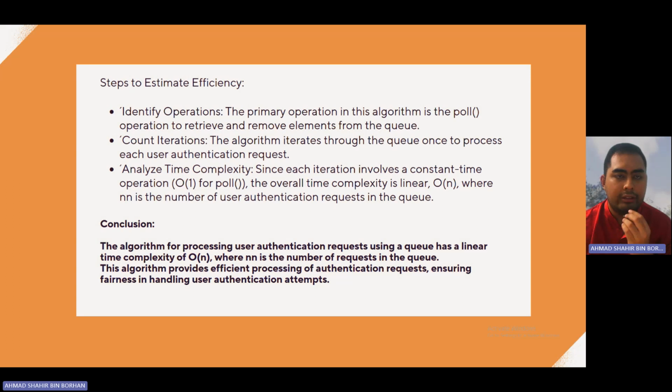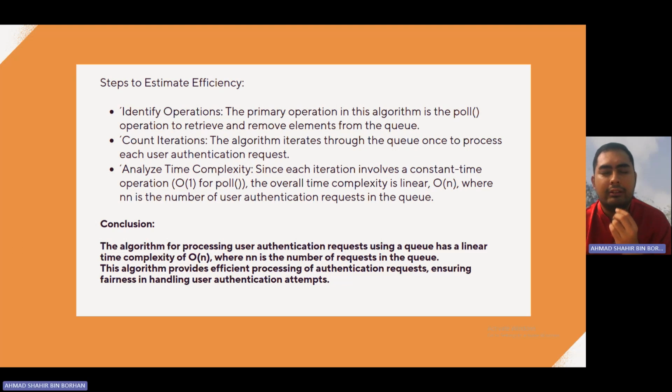So to estimate efficiency for the whole operation, the primary operation in the algorithm is poll, as stated previously, in a loop to retrieve and remove elements from the queue. We can also estimate by counting each iteration of the loop.